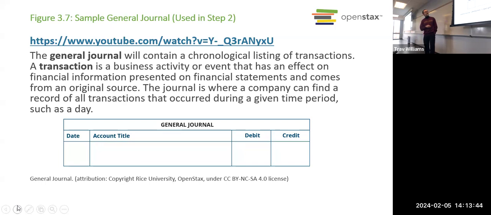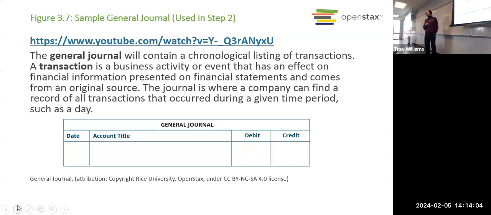Even if it's not going to be something you actually have to do on the job. So the journal, step 2, looks like this. It's pretty simple. Obviously, it says general journal. Later on, we'll learn about special journals, but the general one is called the general journal. And with every transaction, you record the date of the transaction.